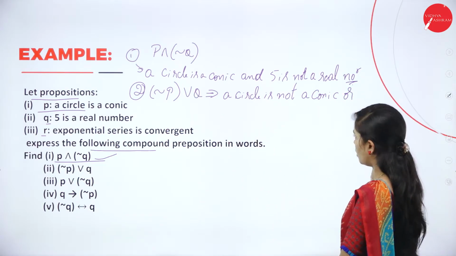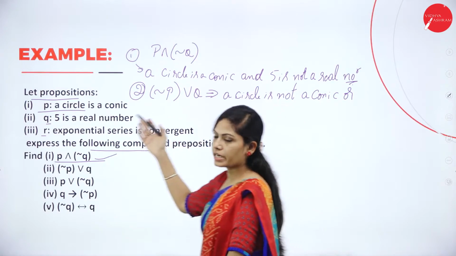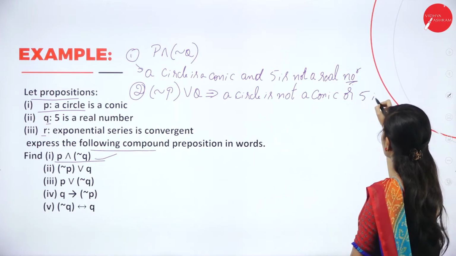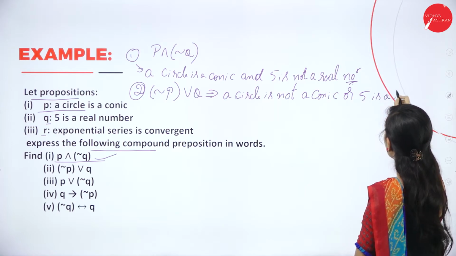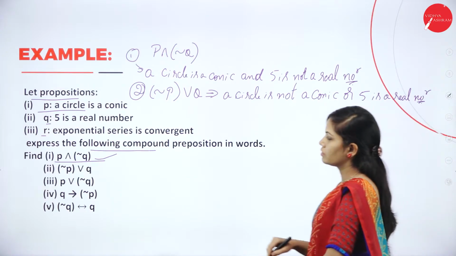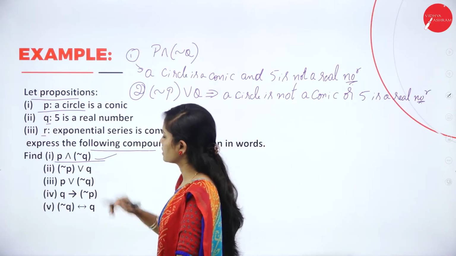So I will write OR and Q. What is the statement of Q? Phi is a real number. So as it is, you can write this. This is the answer for this question.